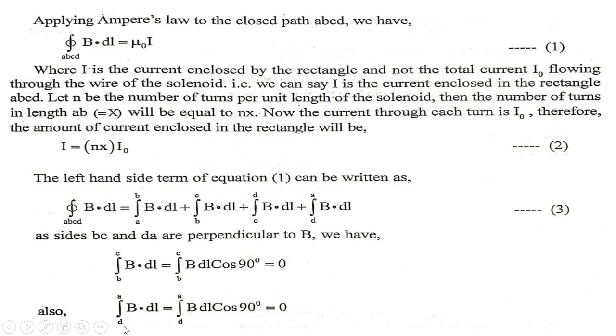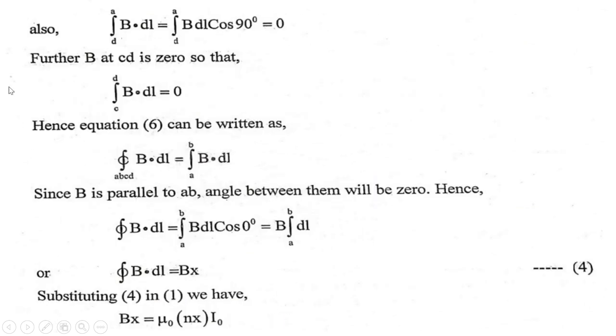Also, the integral from D to A of B dl equals the integral from D to A of B dl cos 90 degrees, which equals 0. Further, B at CD is 0, so the integral from C to D of B dl equals 0.